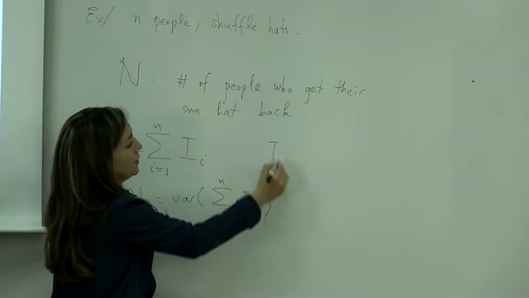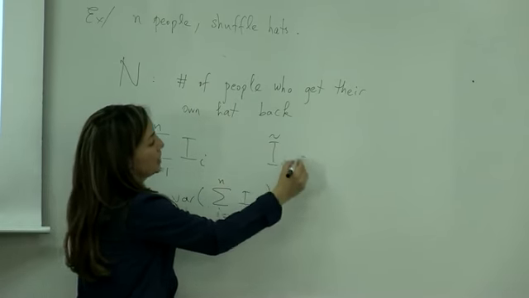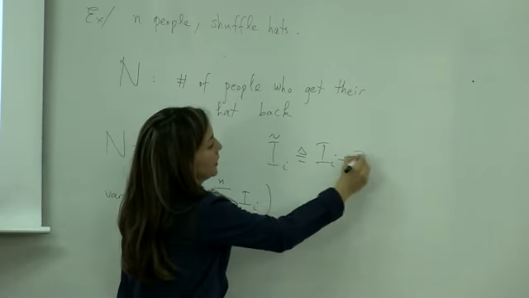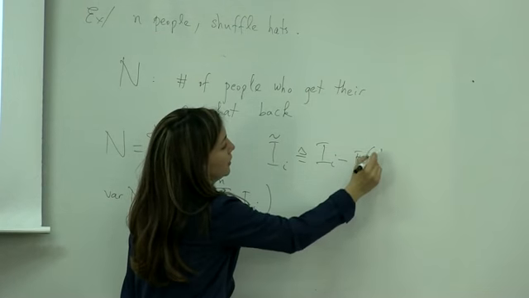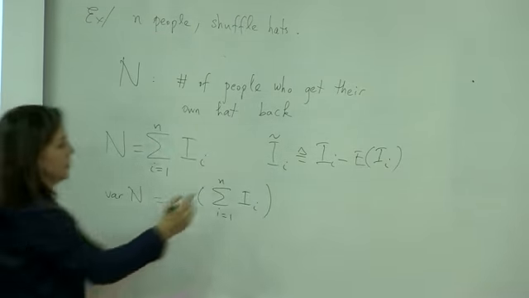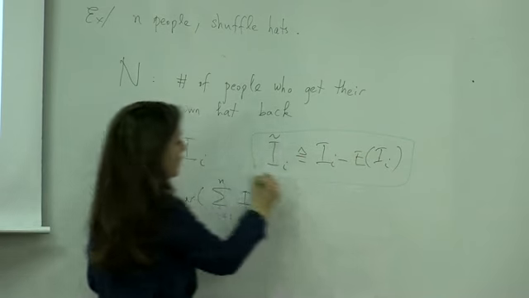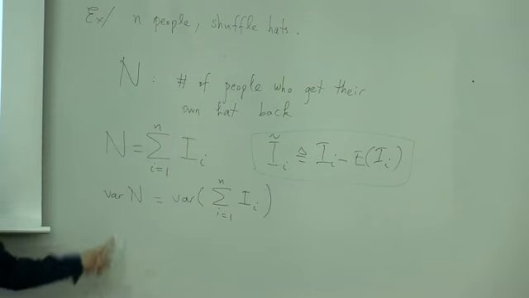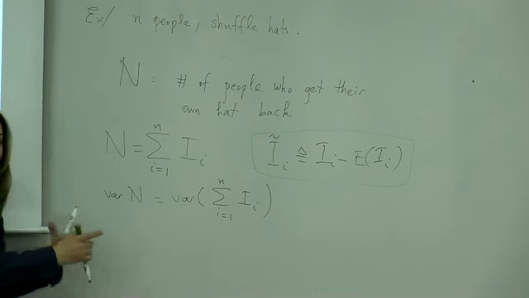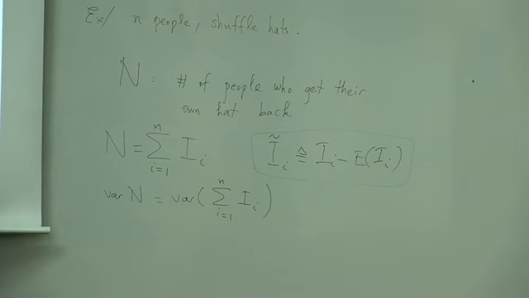Let's define I tilde as I_i minus the expectation of I_i. The reason I do this is to make computation easier in the rest, because in the rest we'll have a lot of multiplication of summations, etc.